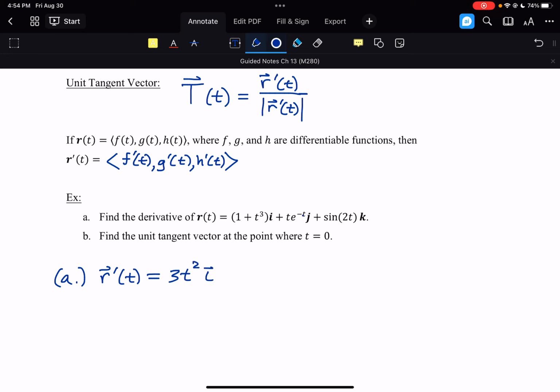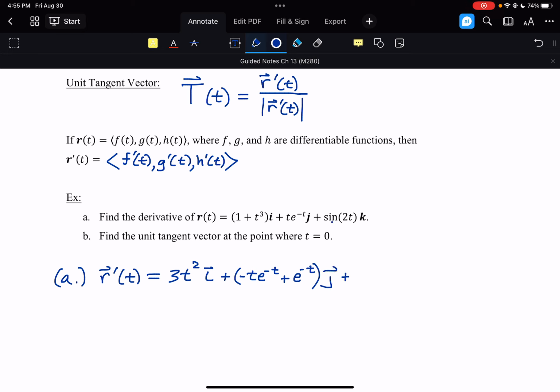Next, we get t times e to the negative t. This is a product, so we encounter the product rule: first times the derivative of the second, plus second times the derivative of the first. That would be negative t e to the negative t plus e to the negative t, or vice versa. And that's the j component.